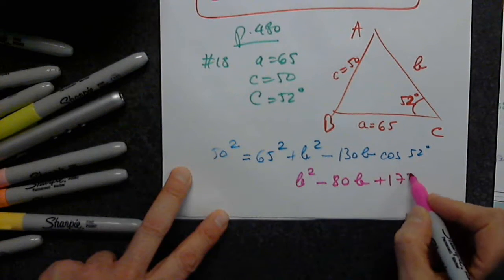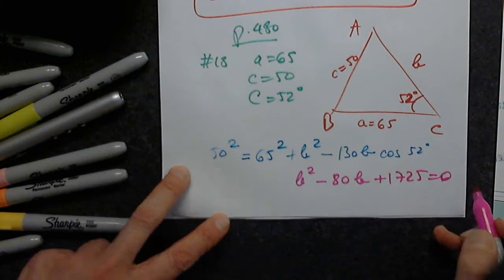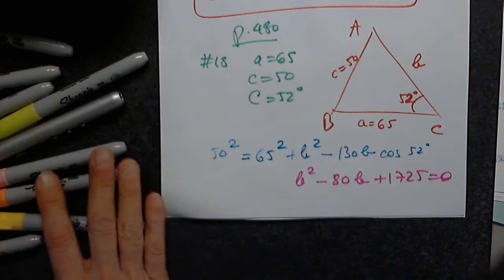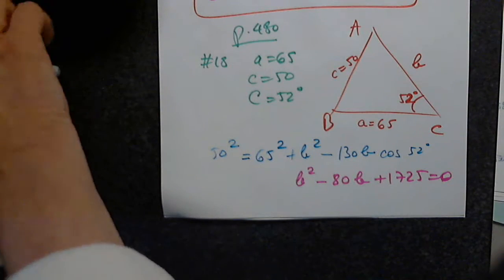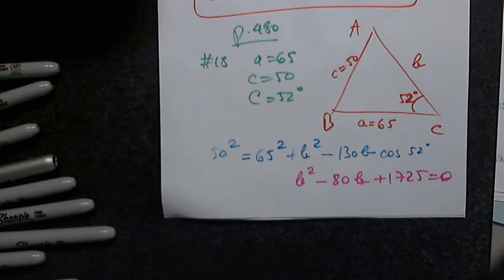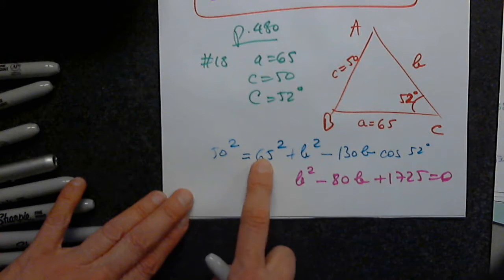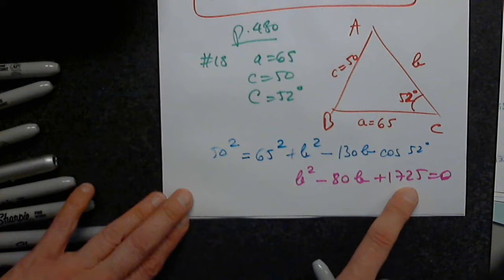So plus 1725 equals 0. I had to do all these preliminary calculations instead of simply using law of sines to find another angle. You can say, well, it's not that simple. This is easier. Fine. So B squared, this is minus 80B. I subtracted 65 squared minus 50 squared to get this.